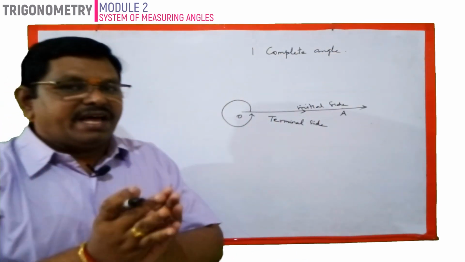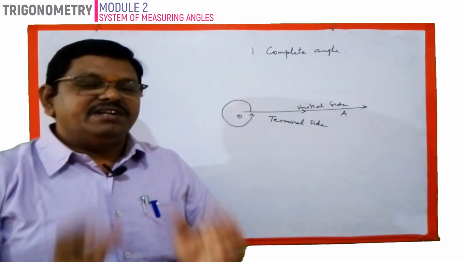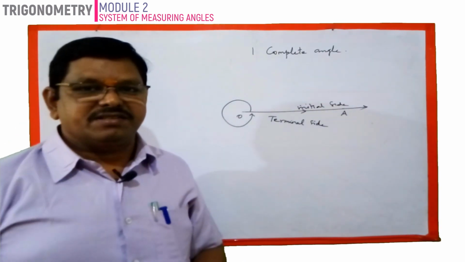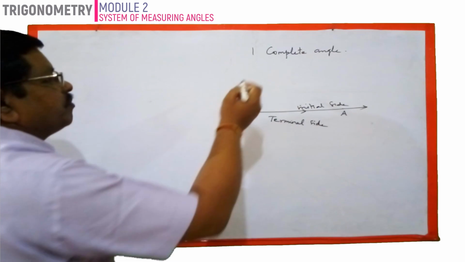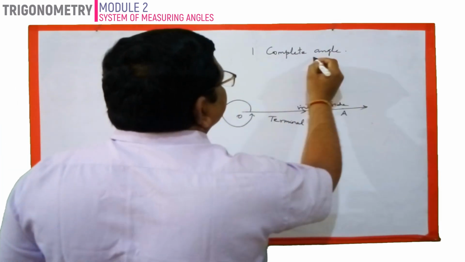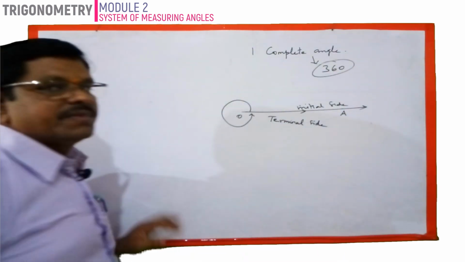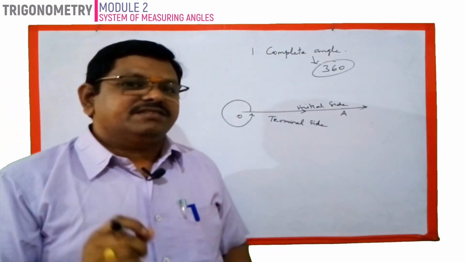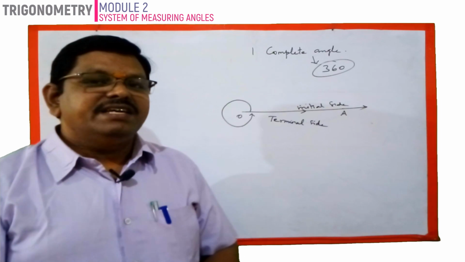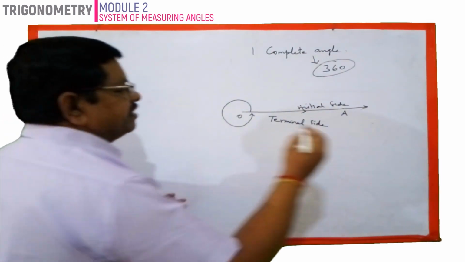This one complete angle is divided into 360 equal parts. So one complete angle is divided into how many parts? 360 equal parts. Each equal part is called 1 degree.